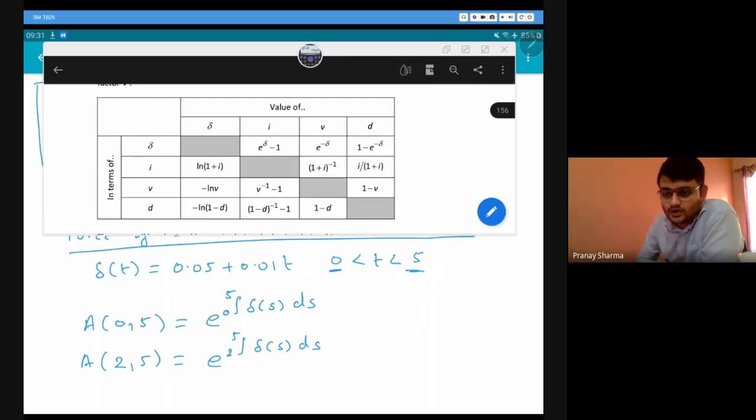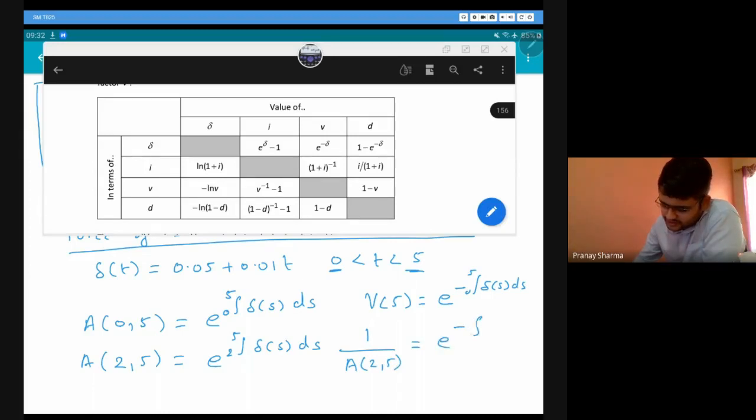If we want to discount from time 5 to time 0, we say discounting factor for 5 years, which would be e raised to minus the integration from 0 to 5 of delta s ds. If we want to discount from time 5 to time 2, I cannot write it this way. I will write 1 by accumulation factor 2 to 5, which is e raised to minus the integration from 2 to 5 of delta s ds.